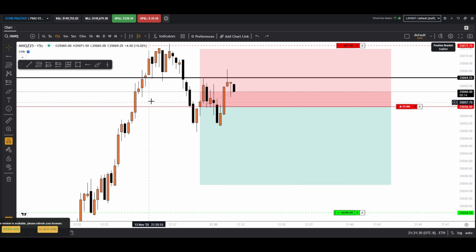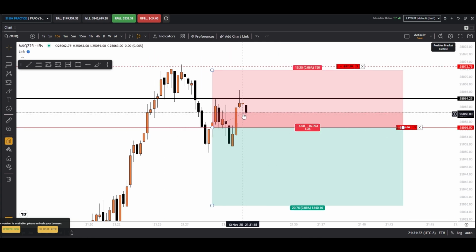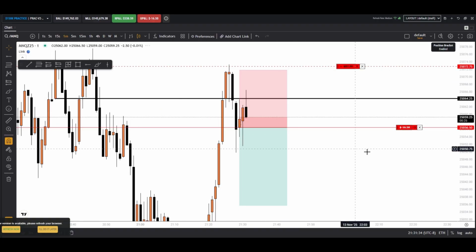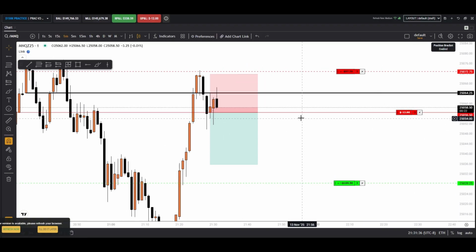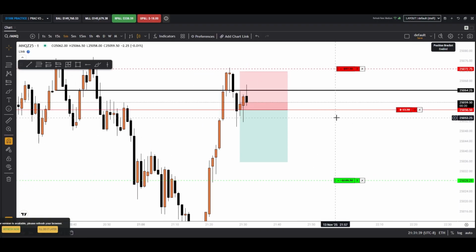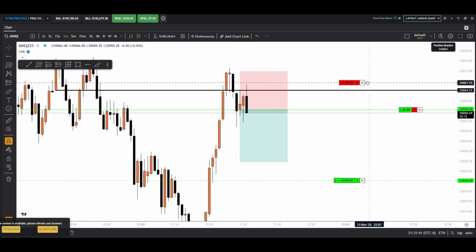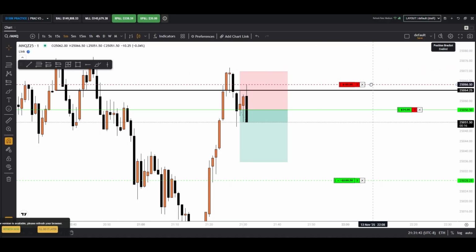This candle I'm not really liking the look of. Doesn't really mean anything. It's a 15-second time frame. It's not going to do too much. Could have also trailed to here, risking now $60. I will wait for it to close.